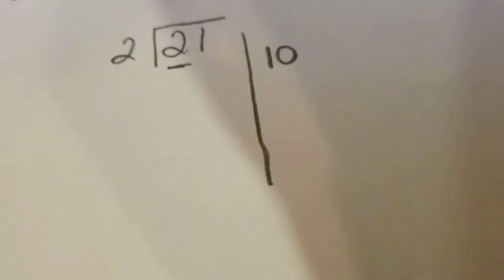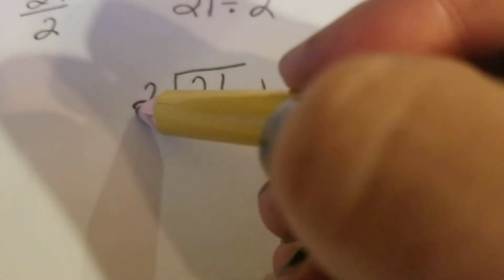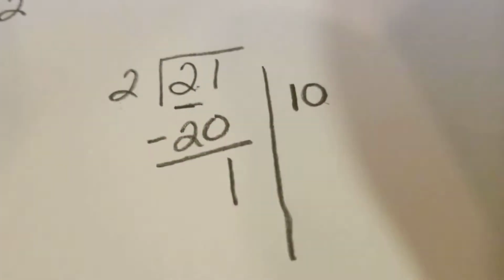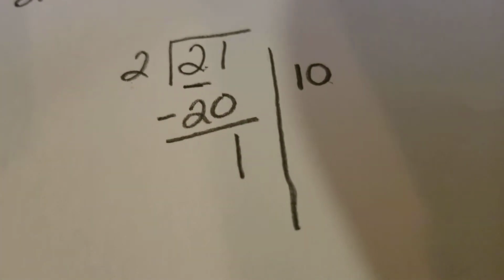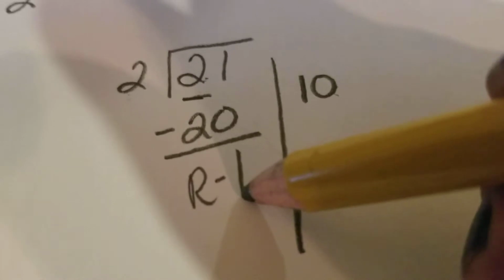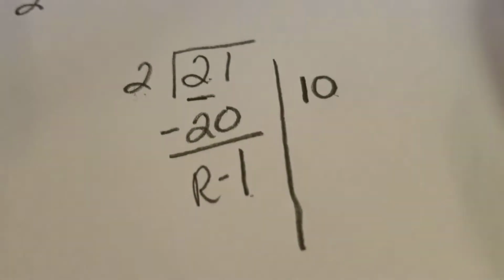I have 2 tens. How many times will 2 go into 2? 1 time. But I'm dealing with tens, so I have to make that a 10. 10 times 2 is 20. So I subtract that to find out that I have 1 remaining. So 2 doesn't go into 1, therefore this would be my remainder, because my remainder is smaller than my divisor.